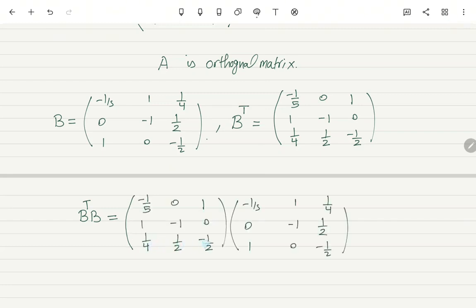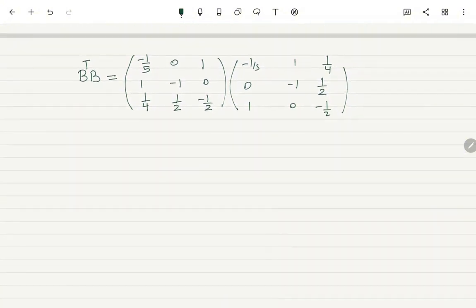So this is B transpose and this is B. When we multiply B transpose with B, the answer will be like this one here: 26 over 25, minus 1 over 5, minus 7 over 4, minus 1 over 5, 2, minus 1 over 4, minus 11 over 20, minus 1 over 4, 9 over 16.